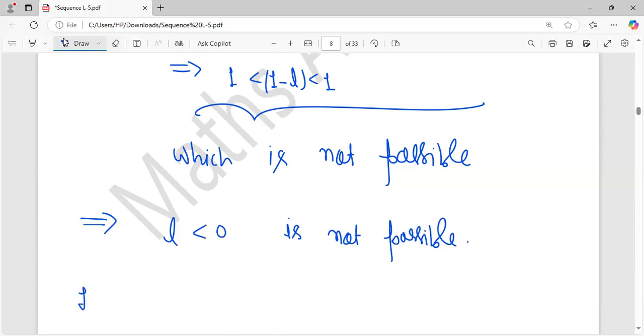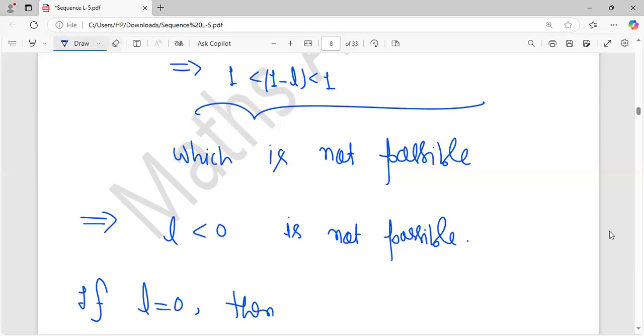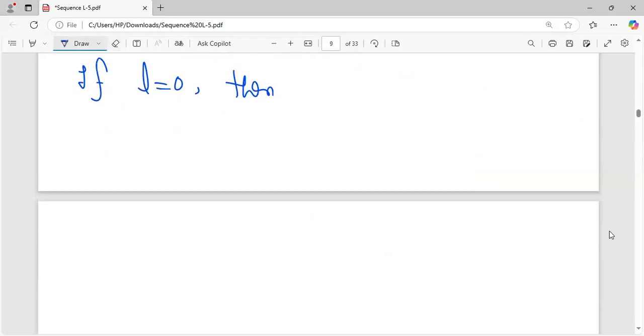Now, if L is 0, what will happen? If L is 0, putting an odd n, we get |-1 - 0| < 1.